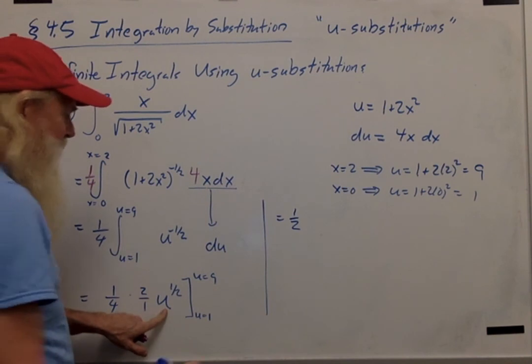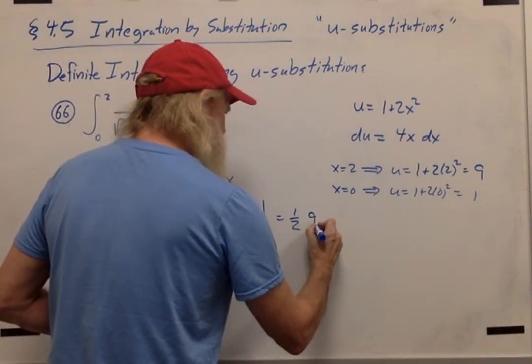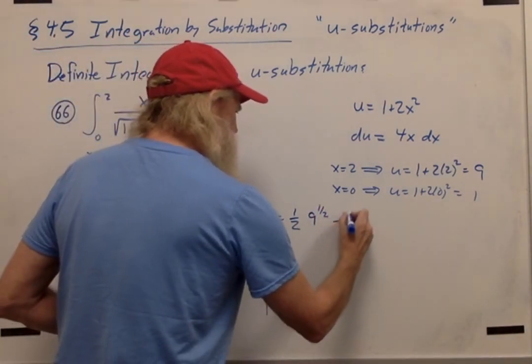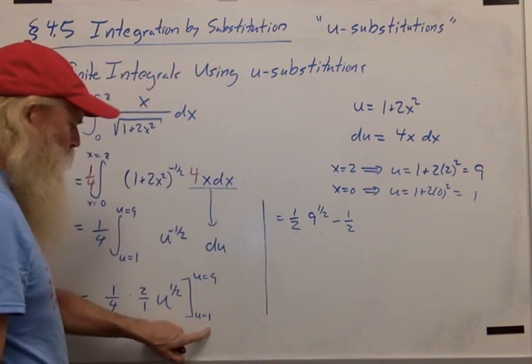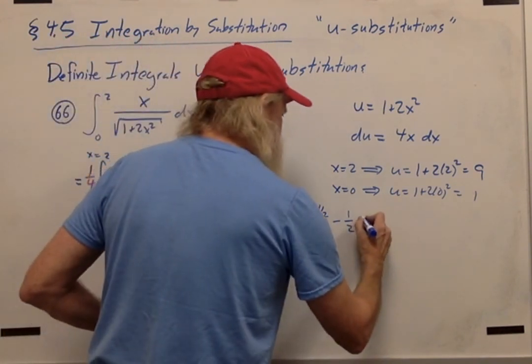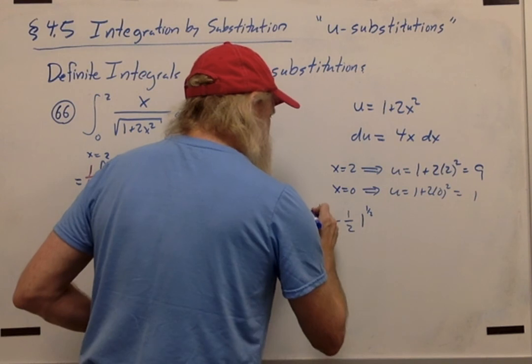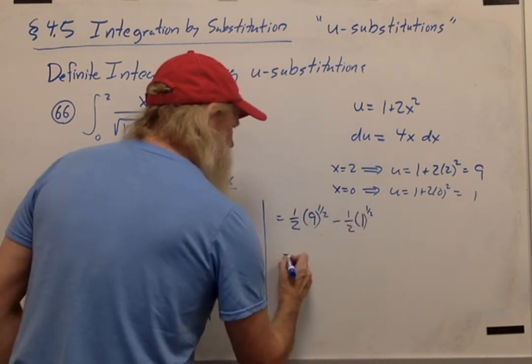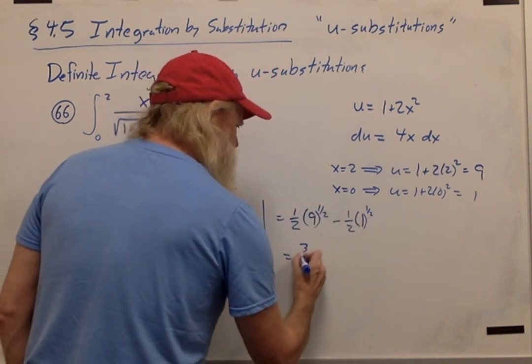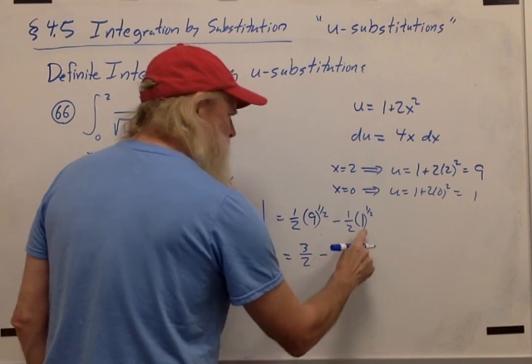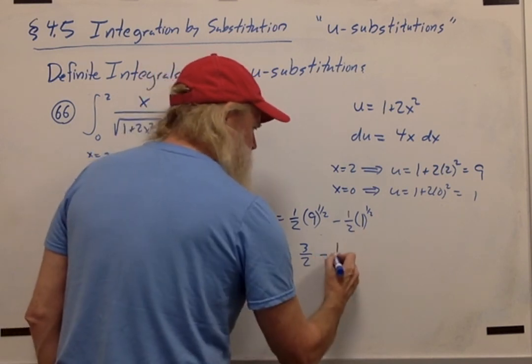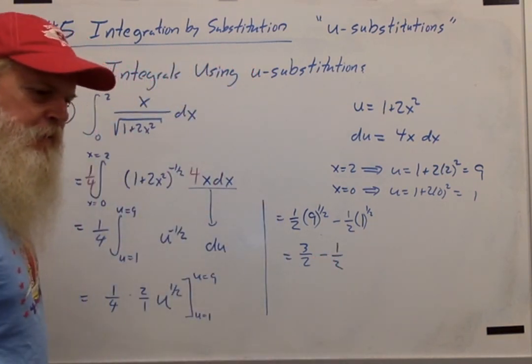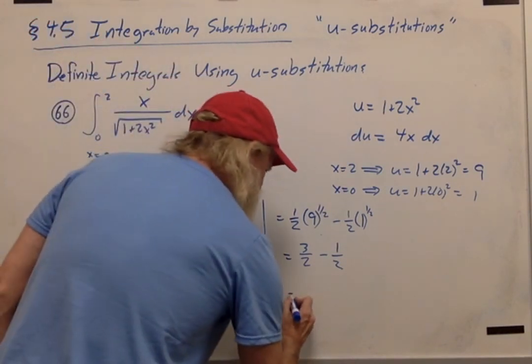So I have 1/2 of 9 to the 1/2 minus 1/2 of 1 to the 1/2. The square root of 9 is 3, so I have 3/2 minus the square root of 1 is 1/2, and 3/2 minus 1/2 is 1.